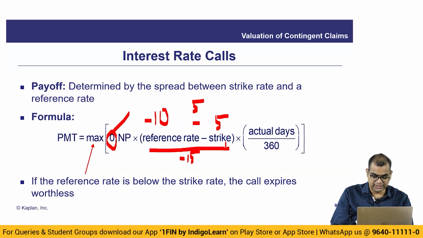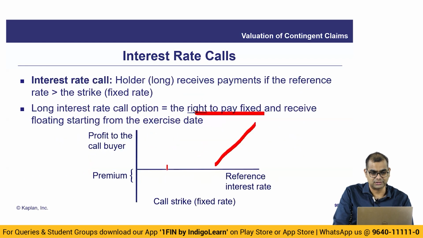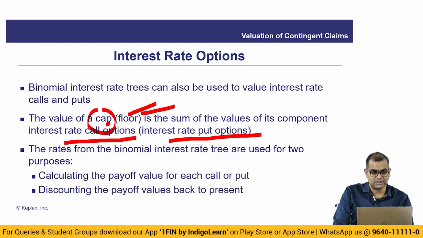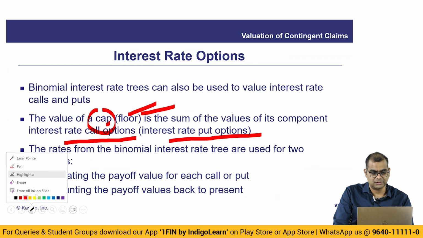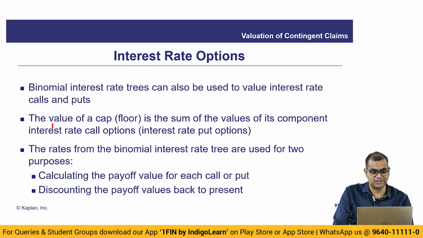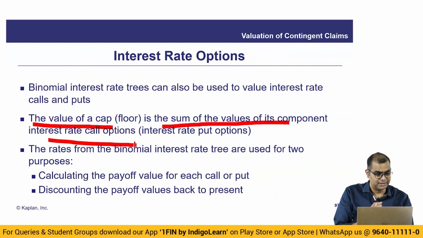So, a cap is, I am not able to see, okay, I am sorry. No, I can see. You can see this, I was writing on the iPad. The cap is a sum of value of its component interest rate calls. So, a cap means cap for the entire loan.